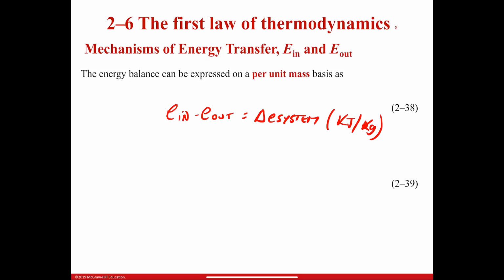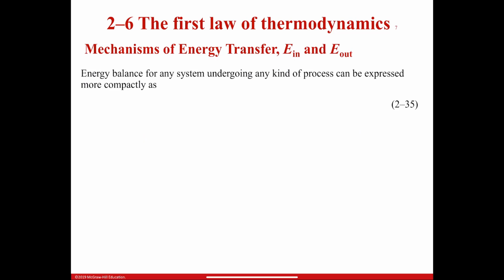And remember, I told you that in the beginning we have energy, energy rate, and energy per unit mass. So then, the energy balance for any system undergoing any kind of process, and again, I'm going to rewrite this equation because it's very important: energy in minus energy out will be equal to the delta energy of the system.